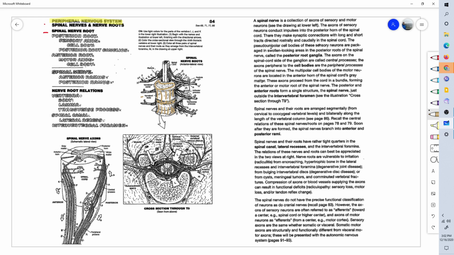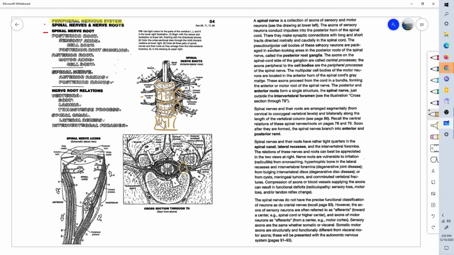Notice these vertebrae are stacked on top of each other, but in between is this area right here where the nerves are exiting. And of course there would be another vertebra below this. The nerves exit at a very vulnerable, very tight place, and you can see from this diagram how tight this area is.